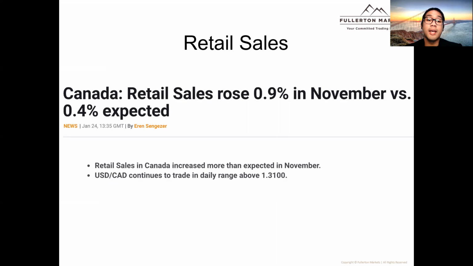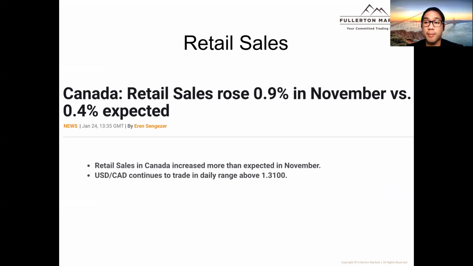And second, it did better than expected, meaning this is good news for Canada, okay? This is good news if you're trading the Canadian dollar versus whatever currency pair, all right? There will be some movement thanks to this information that we have received, all right?